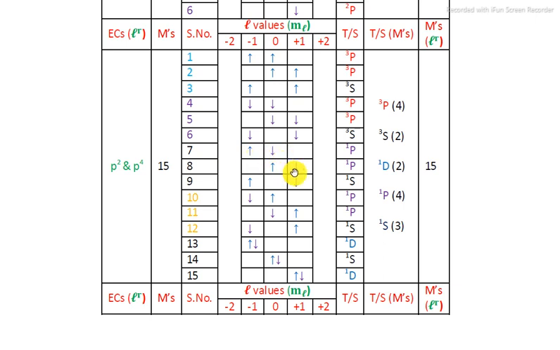Positive spin, negative spin, positive spin, negative spin. The reverse of 7, 8, 9 is 10, 11 and 12. Negative spin, positive spin, negative spin, positive spin, negative spin, positive spin.